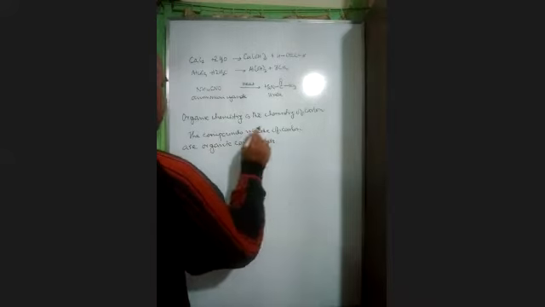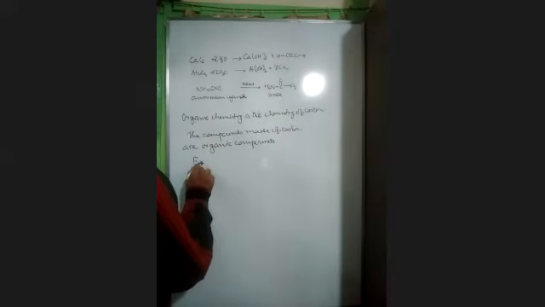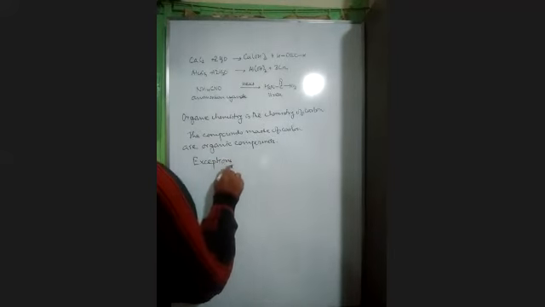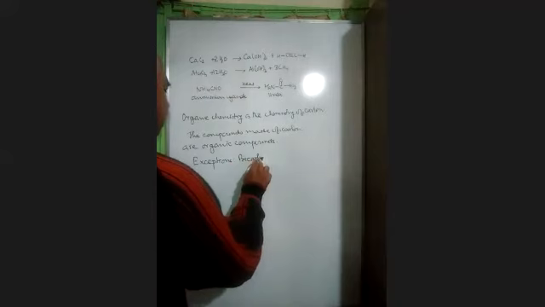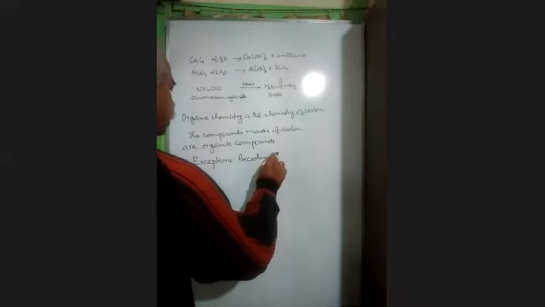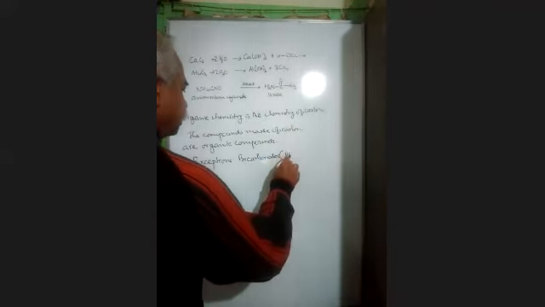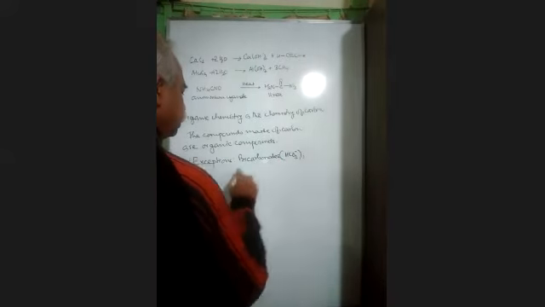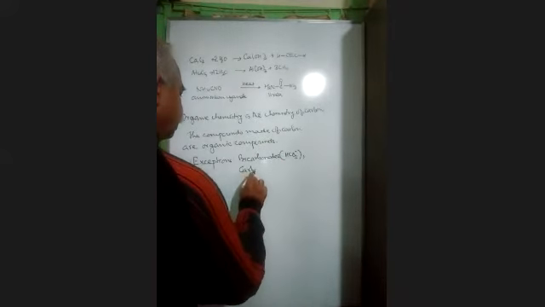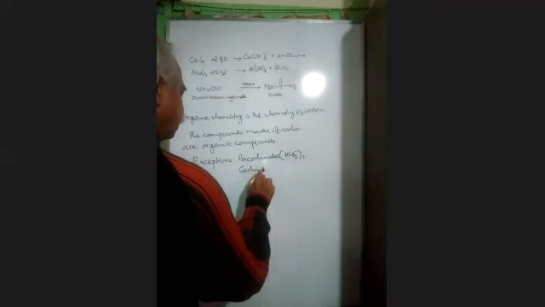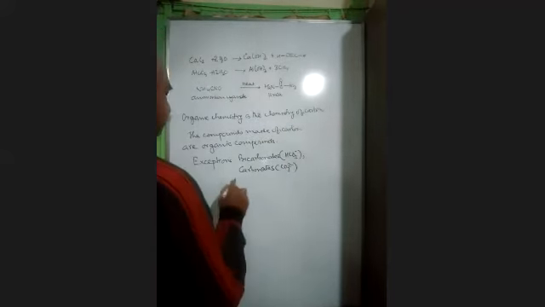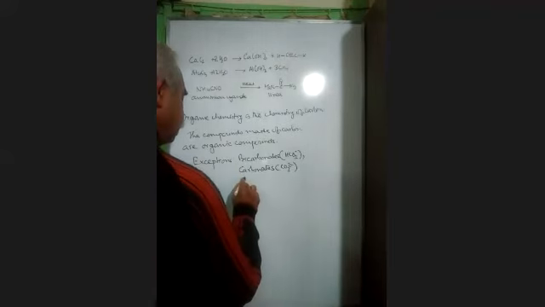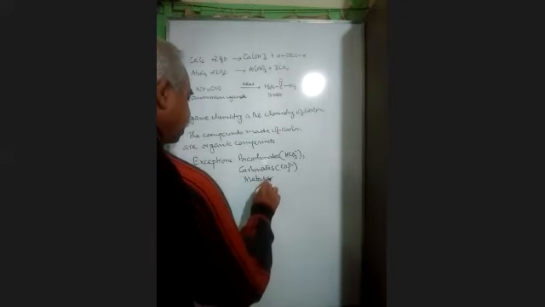But the exception is also there: compounds of carbon need not be organic compounds. What are the exceptions? Like you have bicarbonates, carbonates, where you find compounds containing this, then metal carbides.